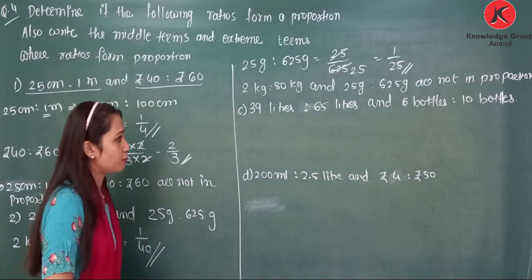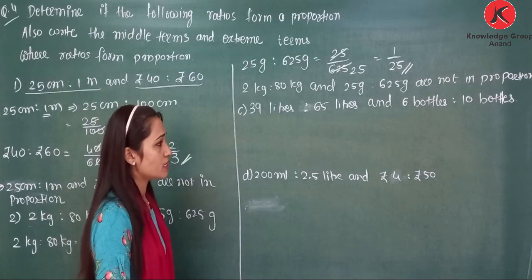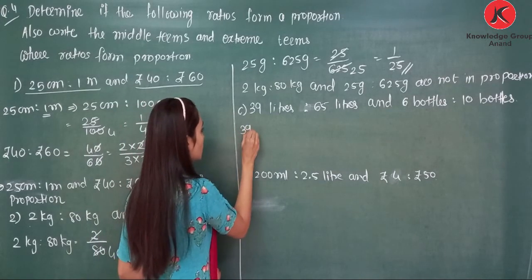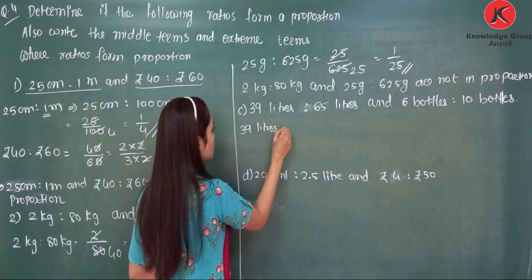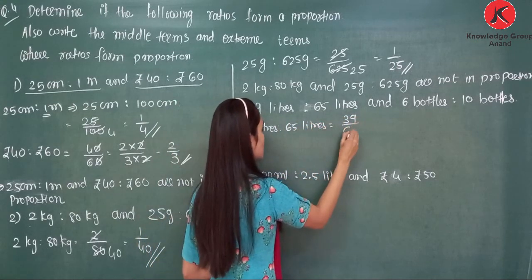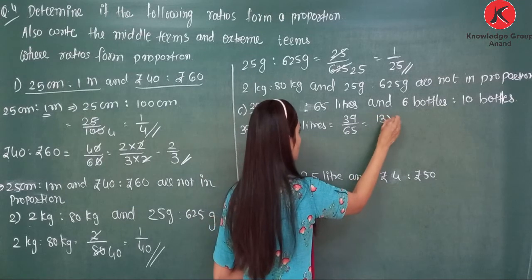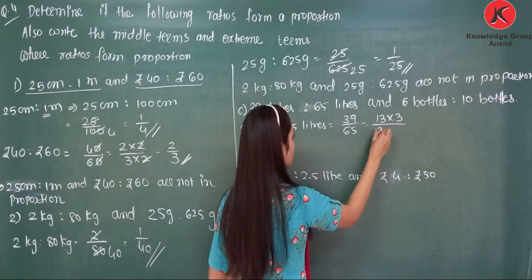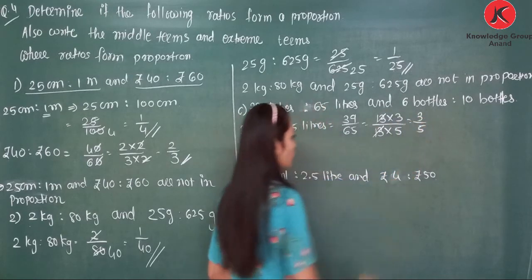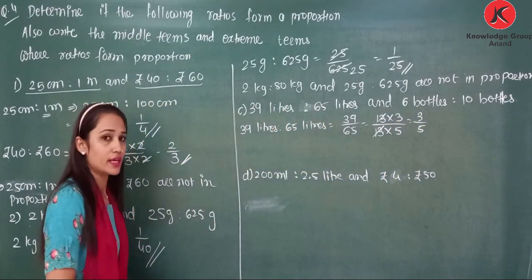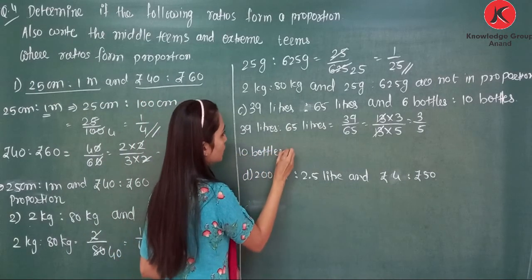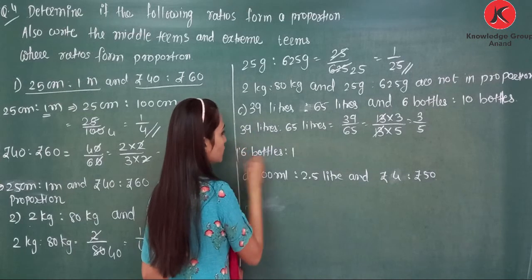Next, 39 liters to 65 liters and 6 bottles is to 10 bottles. So let's find the first ratio. 39 liters is to 65 liters. So 39 divided by 65, factorize this. 13 threes are 39, 13 fives are 65, so it is 3 by 5. 13 is common, we can cancel that out. Then 6 bottles to 10 bottles.